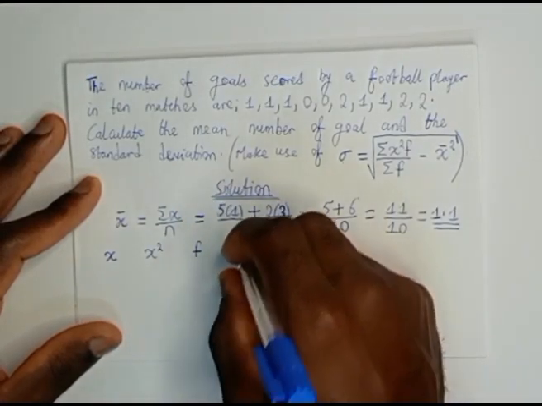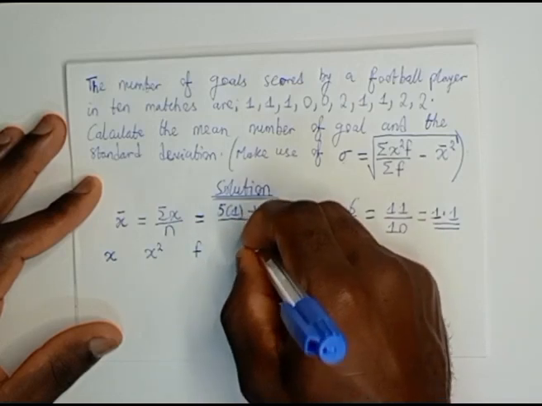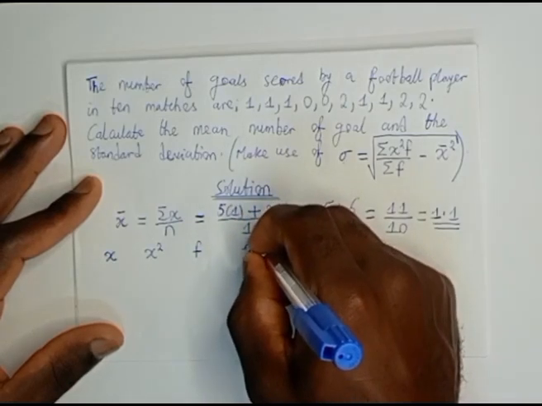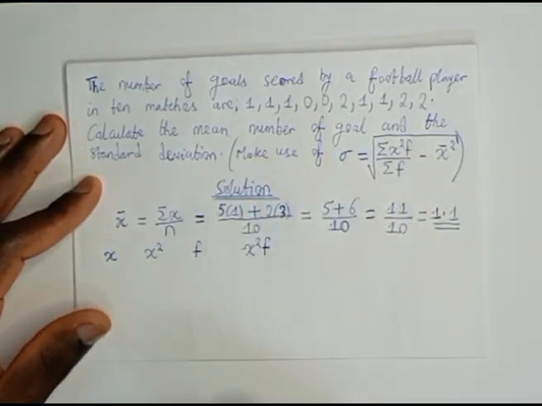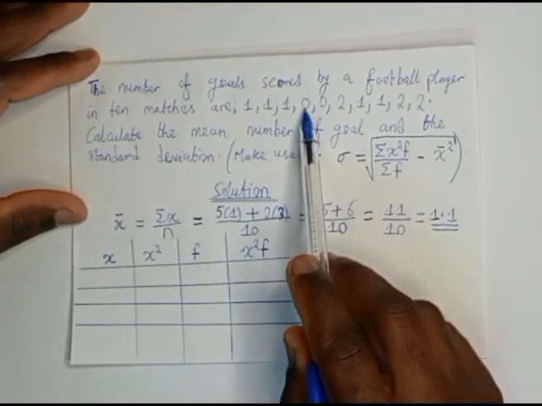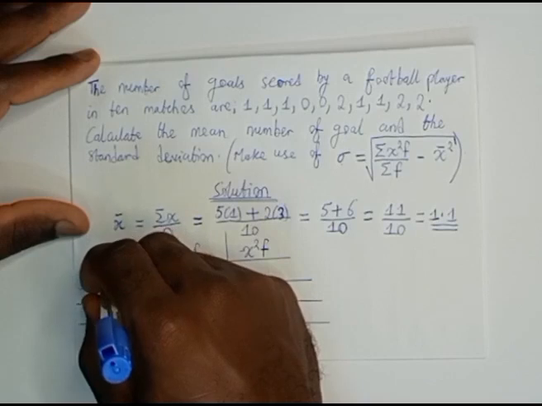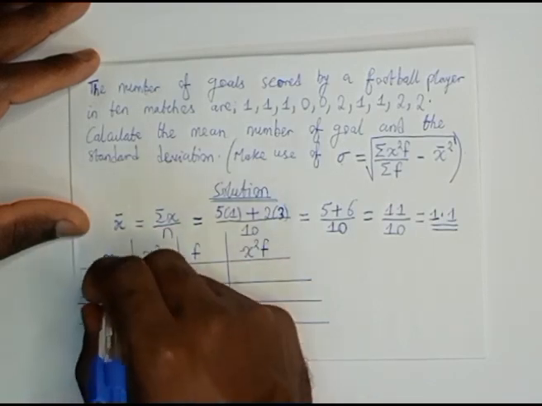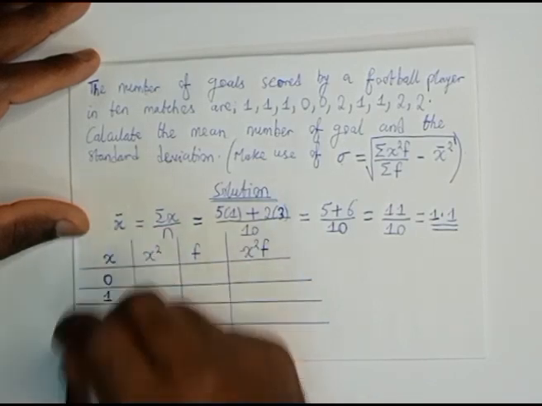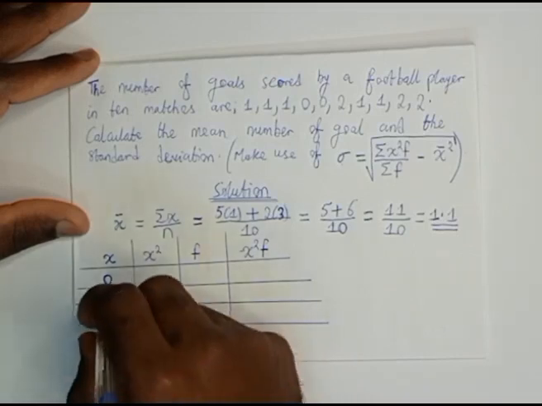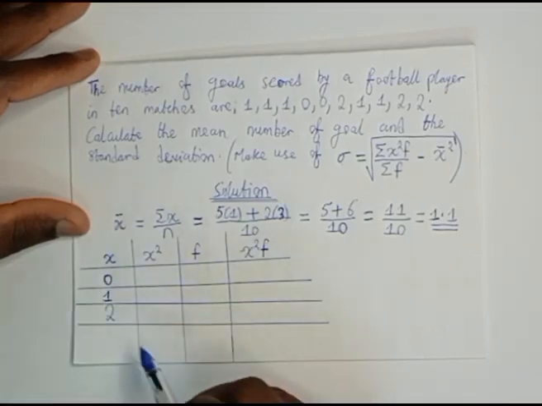Next, we need a column for x squared times f. For the goals, you'll see that the minimum number of goals is 0. Next, we have 1. Arranging them in ascending order from 0, we go to 1 and 2.